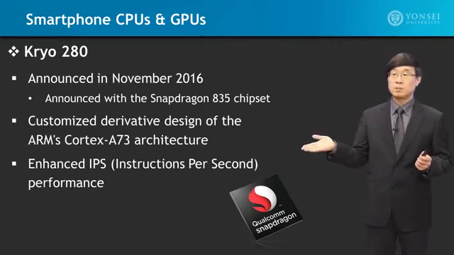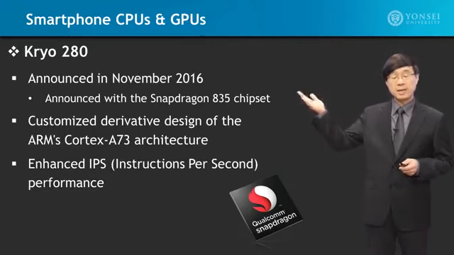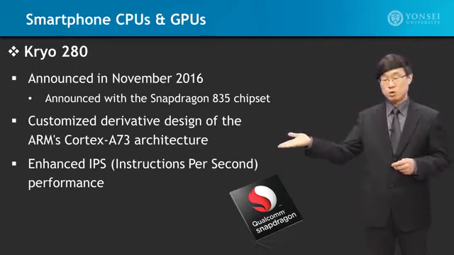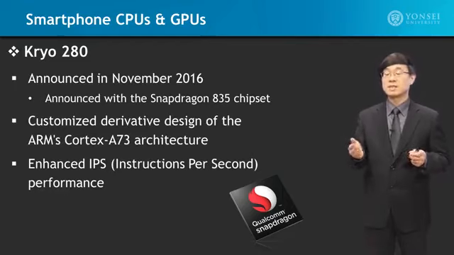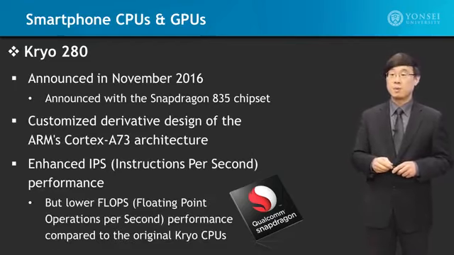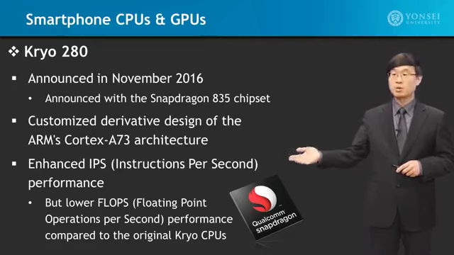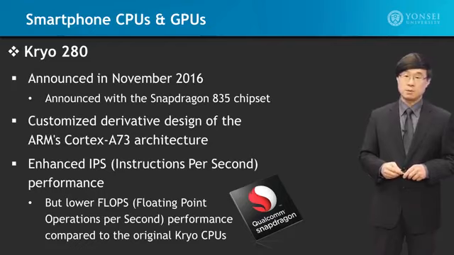So in other words, the Cryo 280 is more enhanced in its performance when it comes down to integer operations as well as instructions. However, there is a slight tail-off in performance in floating point operations, which is why the flops, the floating point operations per second performance, is slightly degraded compared to the original Cryo CPUs.